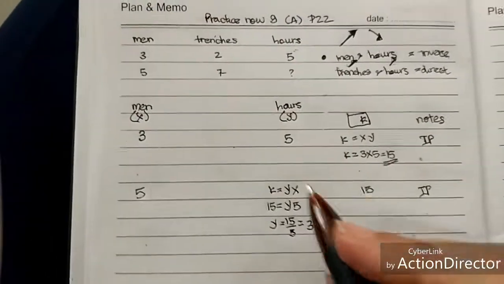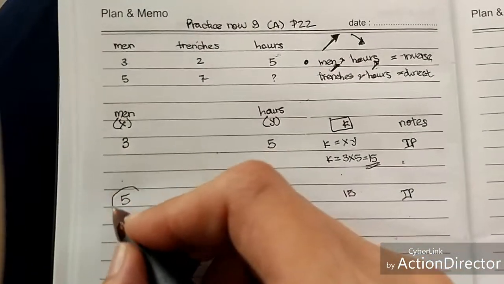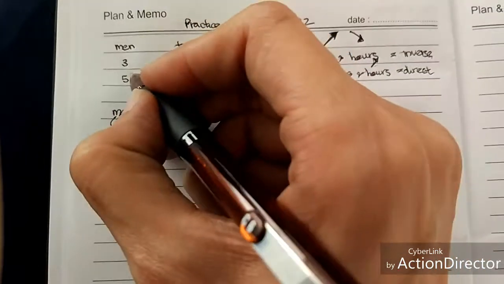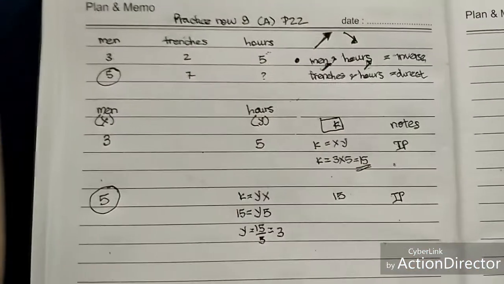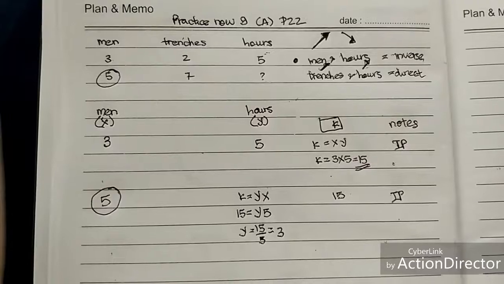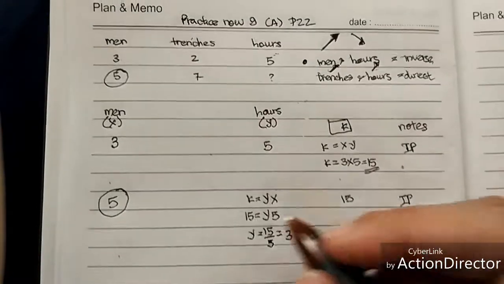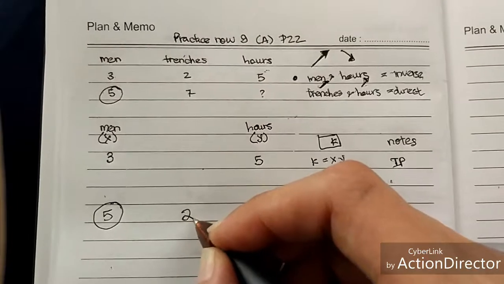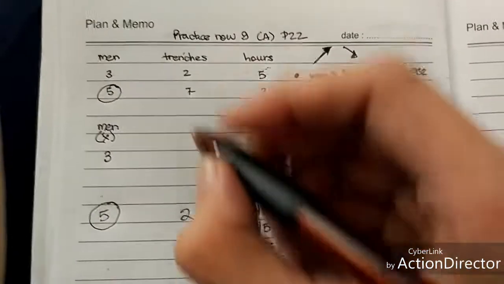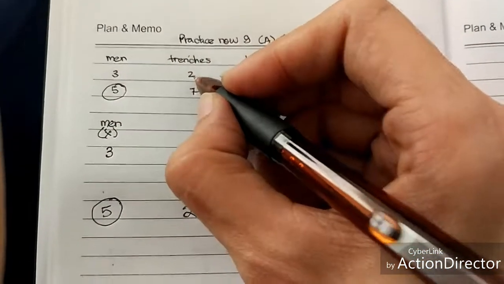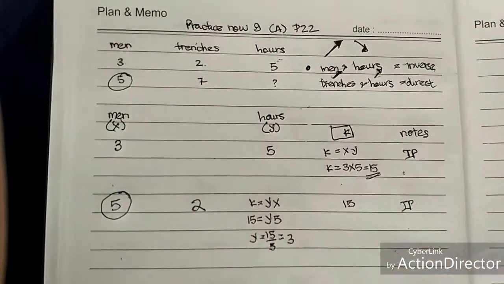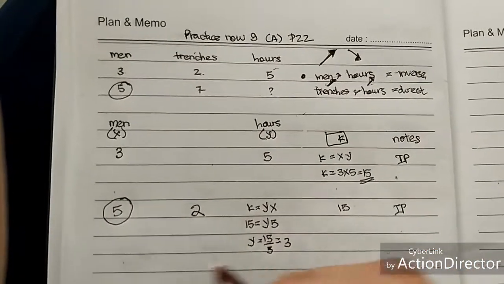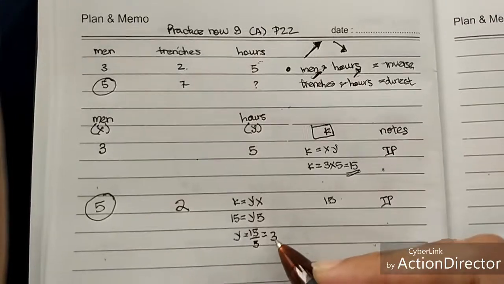Correct? Now look, in this situation the men already match the question here, 5. But the trenches here, I just copied. I haven't dealt with the number of trenches yet. It's still 2, right? I haven't done anything with this one, so it's still 2. And after that, the time here is 3.